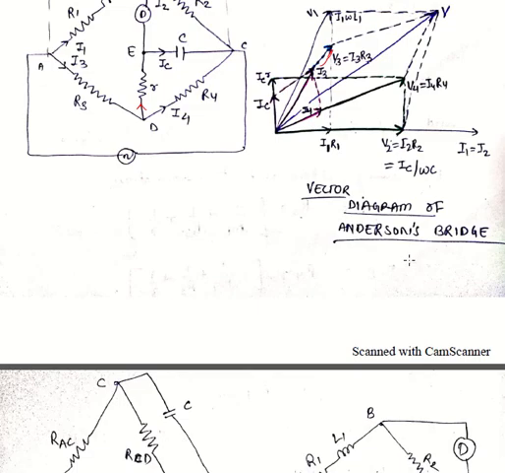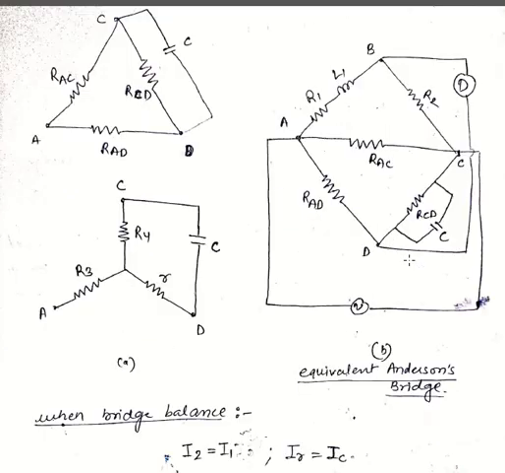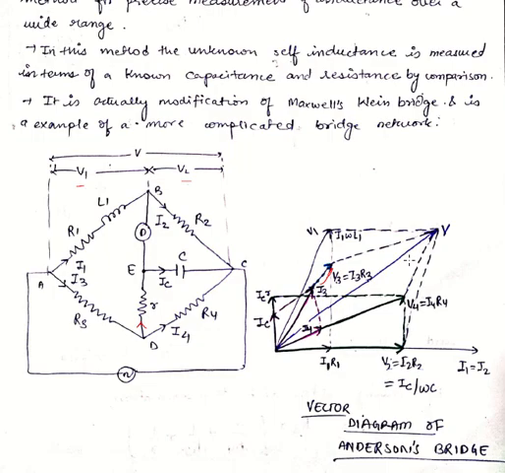Now coming to the equivalent diagram of the Anderson bridge. Basically we will see first what we are doing. We are simplifying the arms AD, DE and DC. We are taking this star connection and converting this star into a delta connection to simplify the bridge.